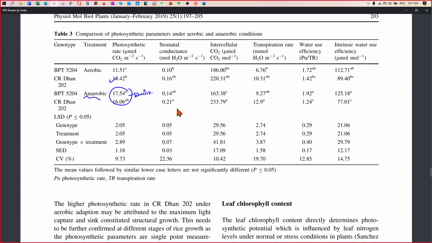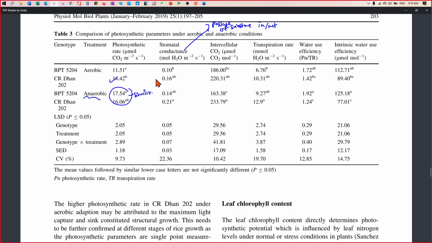What about the stomatal conductance? Stomatal conductance is just the passage of substance in and out. The machine measures how much water is able to go in and out of the stomata, and that's why the unit is moles of water per square meter per second.